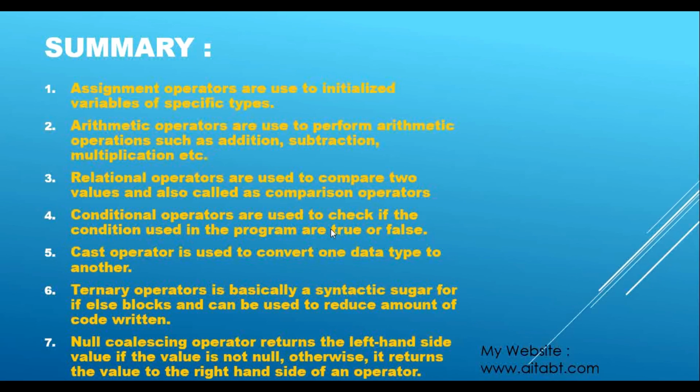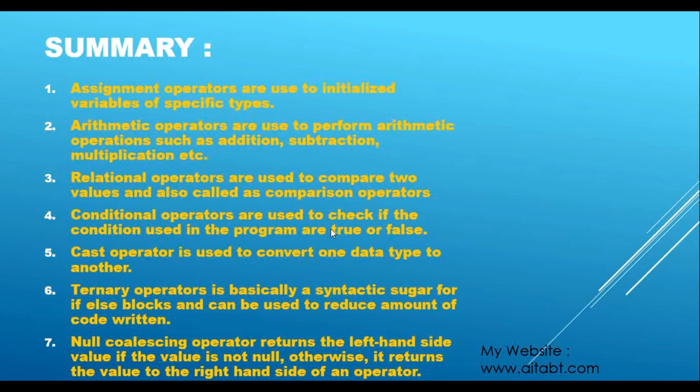This is nothing different, only a summary. Conditional operators are used to check if the conditions used in the program are true or false. Cast operator is used to convert one data type to another, that we have seen. Ternary operator is basically syntactic sugar for if else blocks, that we have just seen, and can be used to reduce the amount of code written.